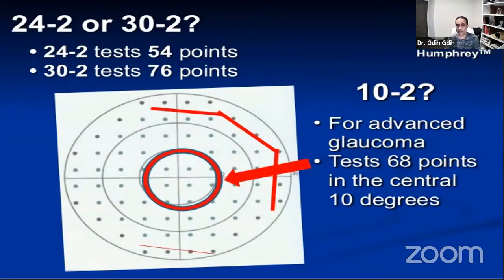Also keep in mind, all the visual field tests that we do for glaucoma do not represent the patient's real-life visual field, because we're only testing the central 24 degrees. We're not testing way out. So we cannot use it to determine the patient's ability to drive, because we have to use the full visual field for driving.